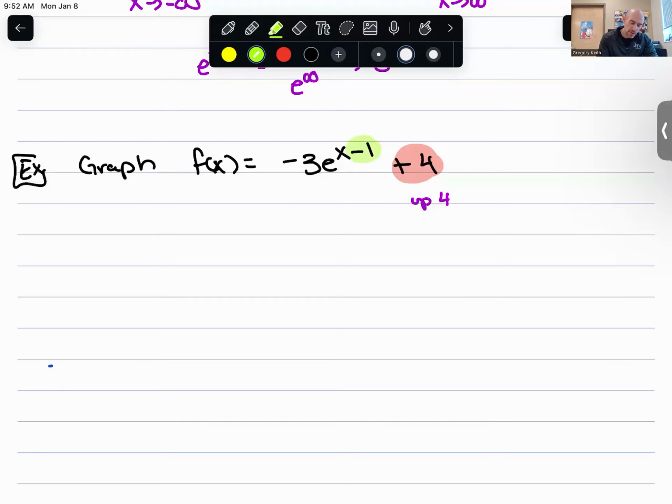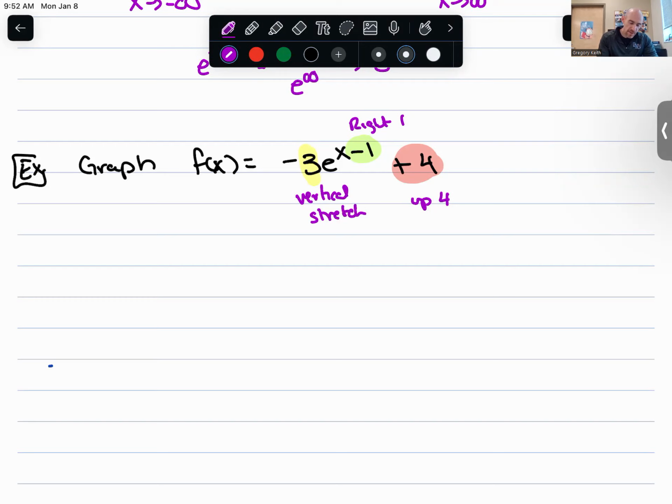That minus 1 is going to take it to the right 1. Our 3 is going to make it do a vertical stretch.